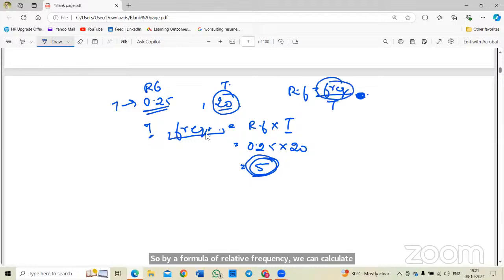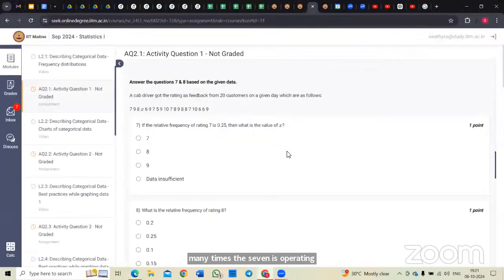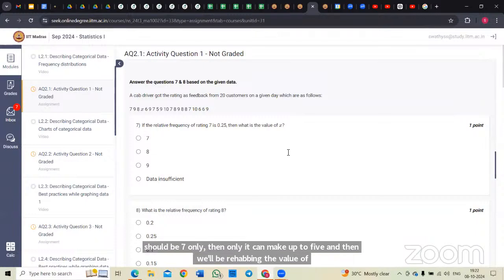So we calculated how many times 7 is occurring. It is occurring 5 times. But in the data, 7 is occurring 4 times. So the value of x should be 7 only. Then only it can make up to 5, and we will have the relative frequency of 0.25. Yes, ma'am.